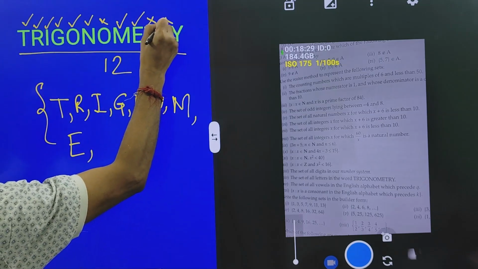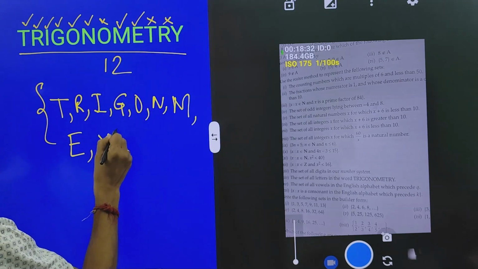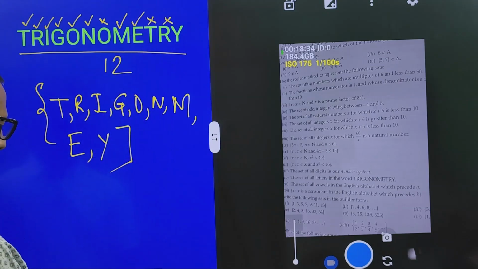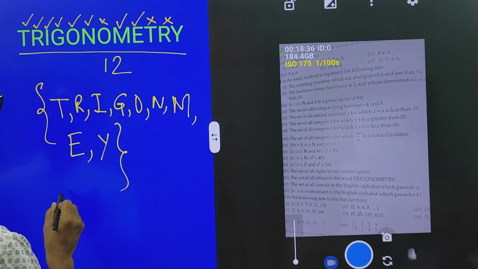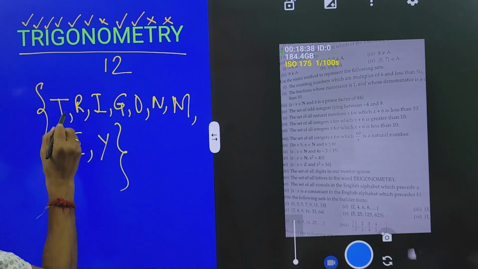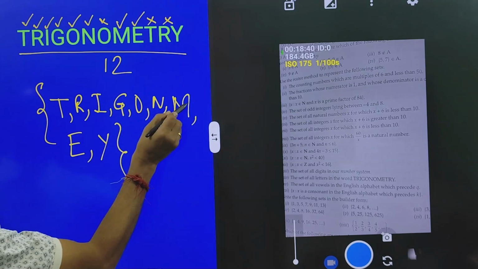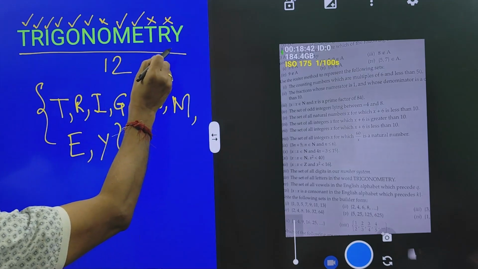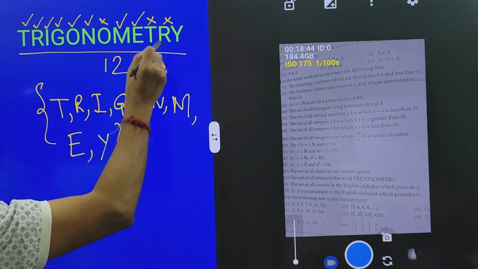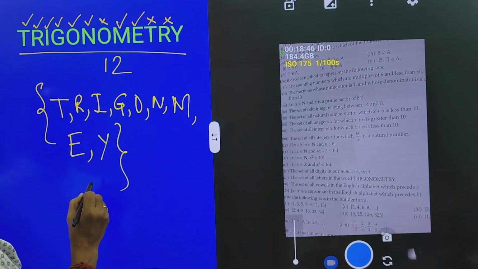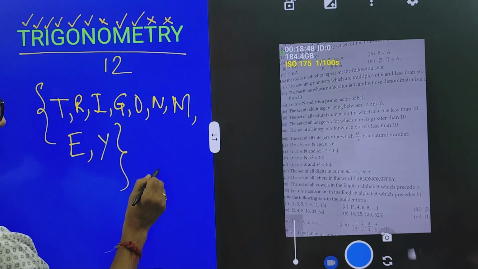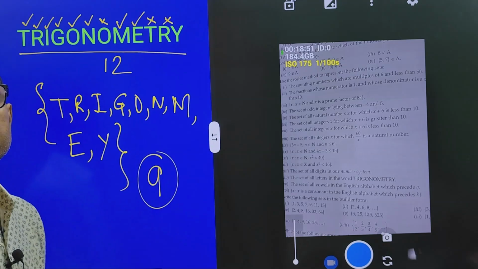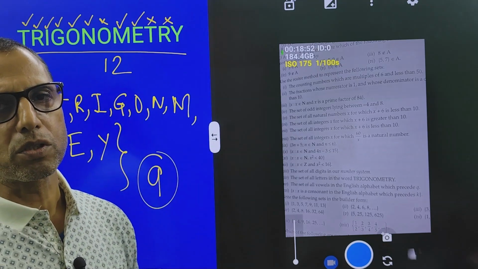R already we have taken. Y will take. So how many letters are there in this set? 1 2 3 4 5 6 7 8 9. Even though the spelling of trigonometry has 12 letters, in the set it will be 9 letters. So this is how the roster form works.